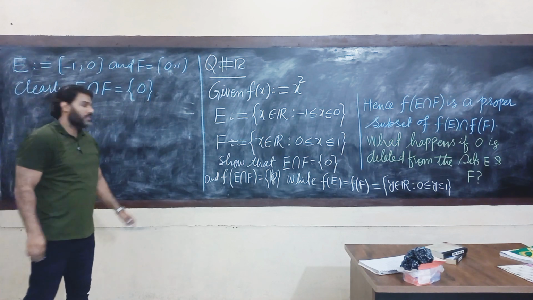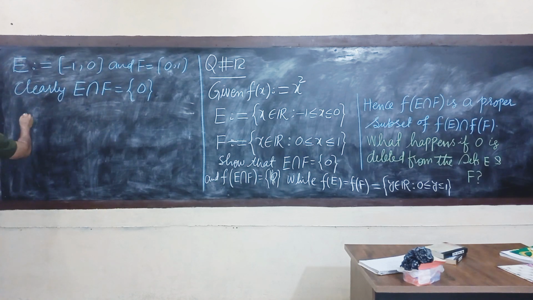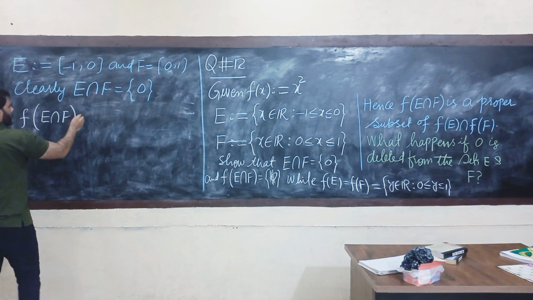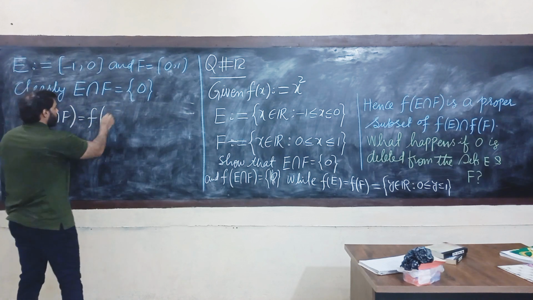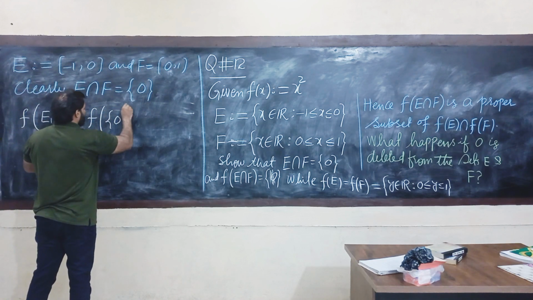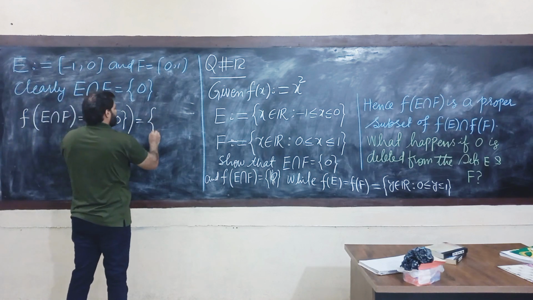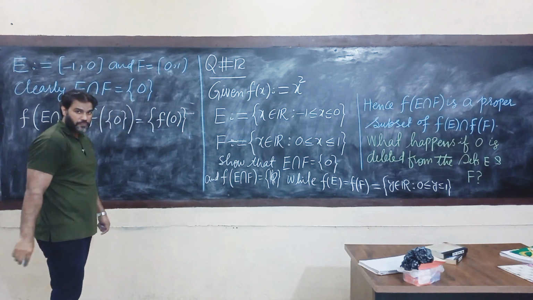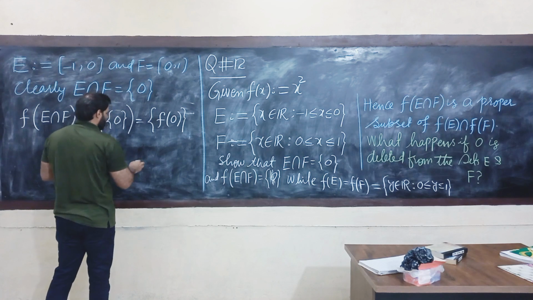Next we have to find its direct image under f. f of E intersection F is equal to, what is the intersection? This is a singleton set 0. By definition of direct image, you can write it as the set f at 0. Because you know, what is the definition of direct image?